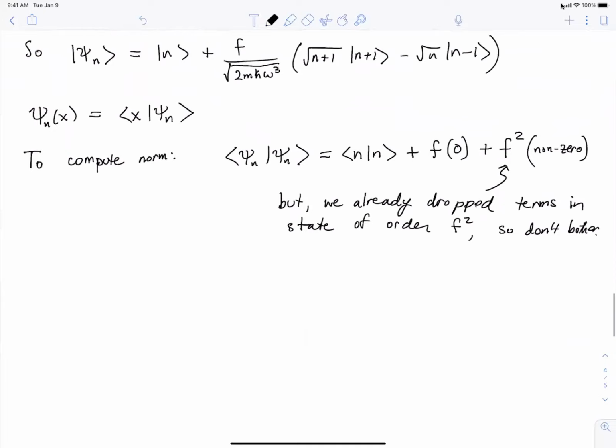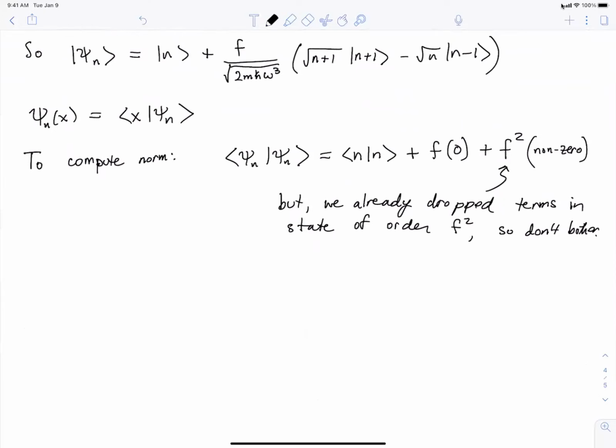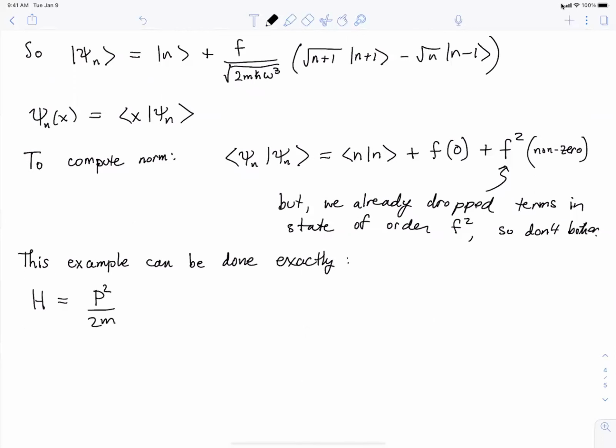So before we move on, we should mention that this example that we just did can also be done exactly. We didn't have to use perturbation theory because it wasn't that hard. So this example can be done exactly. And the way that works is by a change of variables. So we do p squared over 2m plus, let me just write out the full Hamiltonian as it was given.